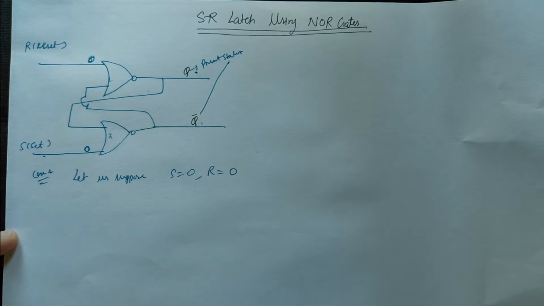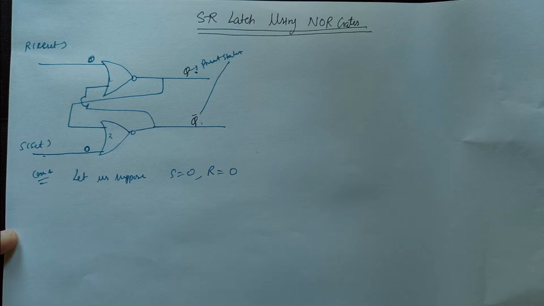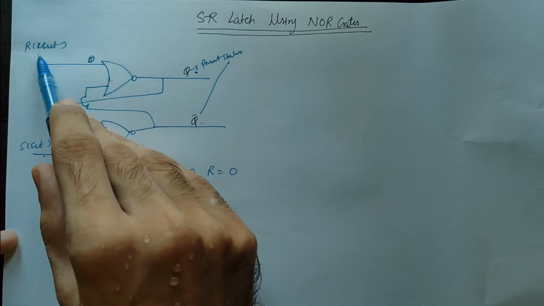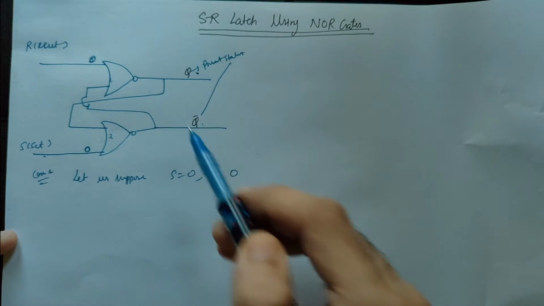What are present states? Present states are the states in the circuit, or the output of the circuit, before applying the input. The outputs for the previous input are known as present states. When we apply or change this input, the output will also change.